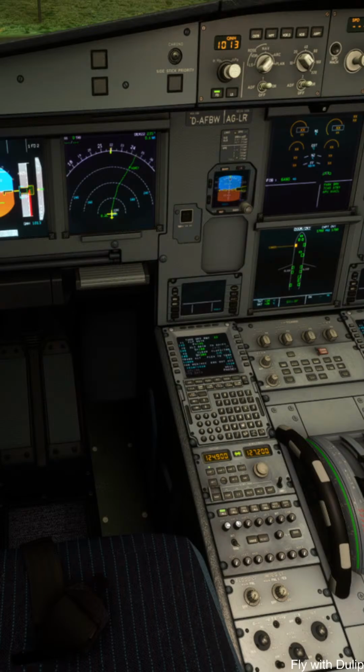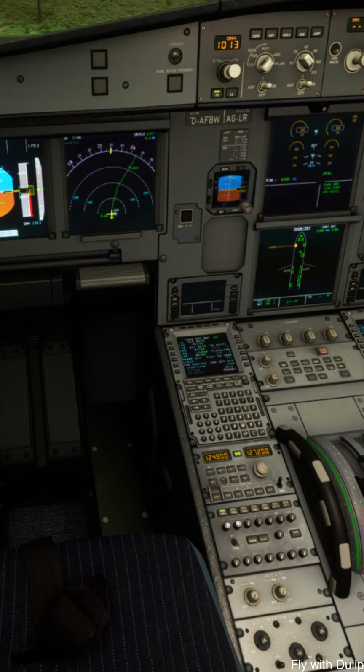Sri Lanka 103, Colombo control, how do you read me now? 5 by 5, Sri Lankan 103. Sri Lanka 103, copy clearance? Yes, Sri Lankan 103 cleared to Malé via runway 22 via LALU 1 departure. Initial climb flight level 140, Sri Lankan 103. Roger, that is correct. Squawk 7300.